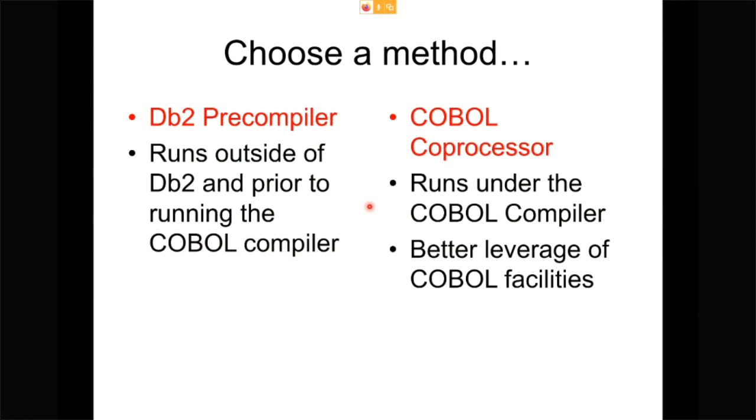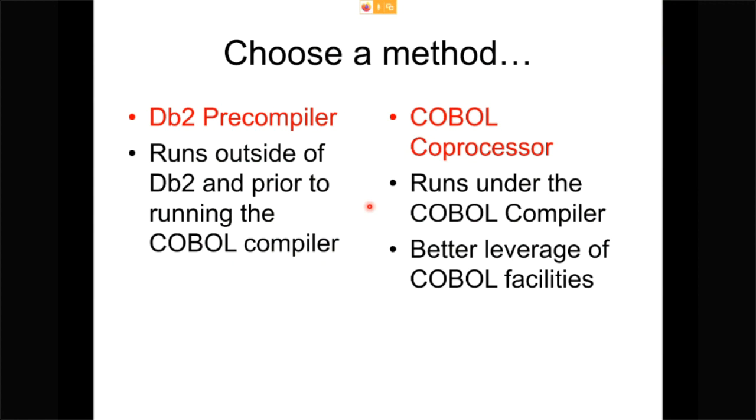The traditional way, or the way that's been available since 1984, is to use a component of DB2 called the Precompiler. And I'll have a slide on how that works in a second. And the other way, which is the way that we encourage people to do now, is to use the COBOL coprocessor.